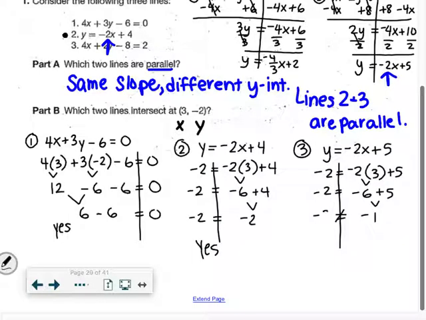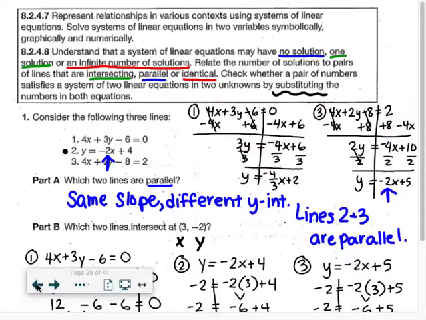That is not equal to negative 2. So the two lines that intersect at that ordered pair are lines 1 and 2. So you're just plugging in that ordered pair to make sure that it is a solution. And that is our last benchmark for today.